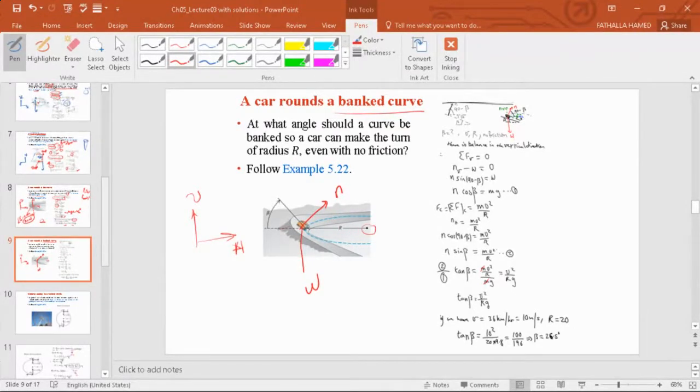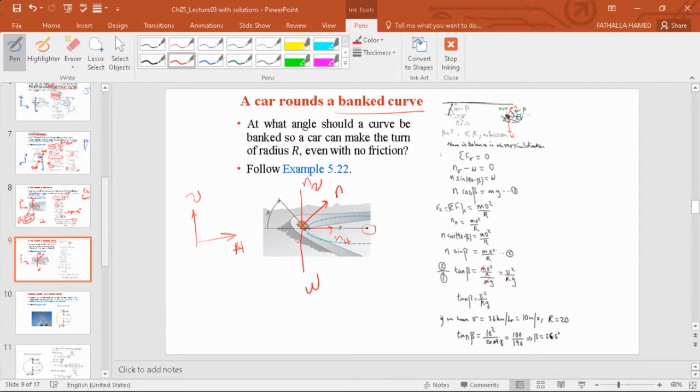So this normal force here will have a horizontal component and a vertical component. The horizontal component basically works toward the center of the circle, and that can be part of the net force that's working toward the center of the circle.